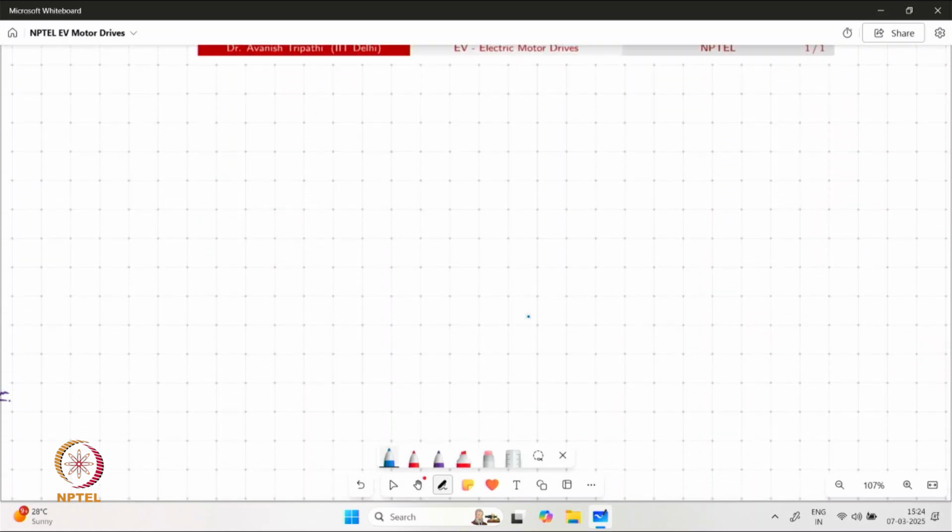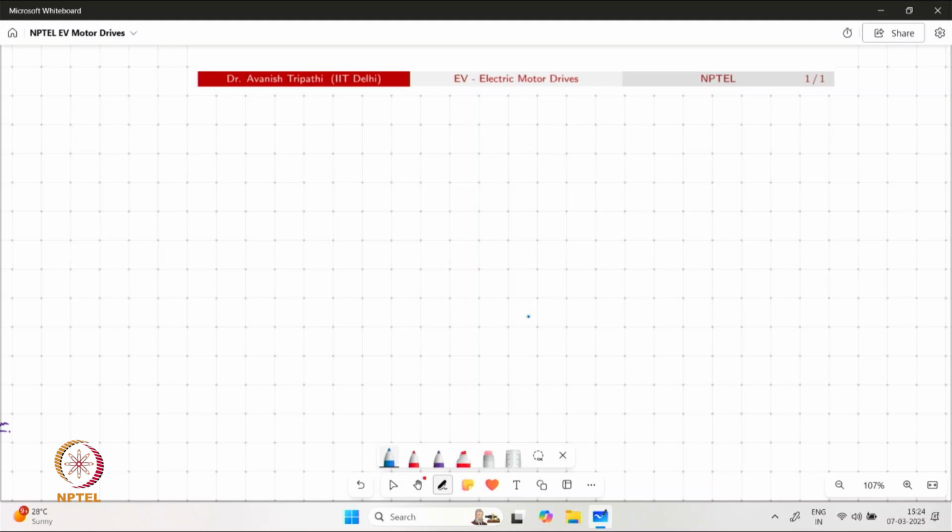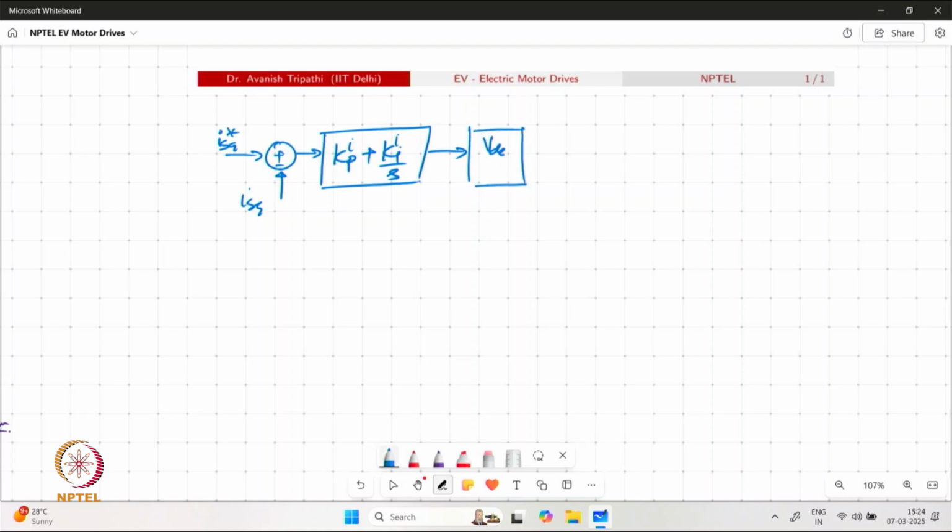Now, as we have done the design for the current controller, we also need to understand that we have a physical system which we are trying to realize through these controllers, which means that the output generated by the controller must have certain limitations.